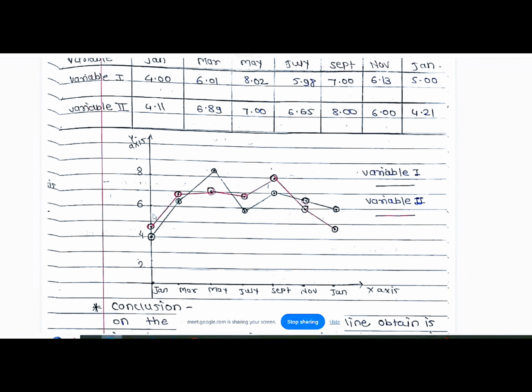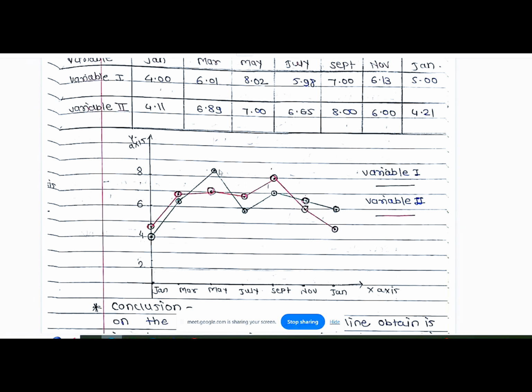In some of our experiments we may plot 50 to 60 lines on the same graph depending upon your data. So in this case, green line for variable 1, red line for variable 2, right? Now for March, variable 1 has value 6.01 somewhere at this point, and variable 2 has value 6.89, right?